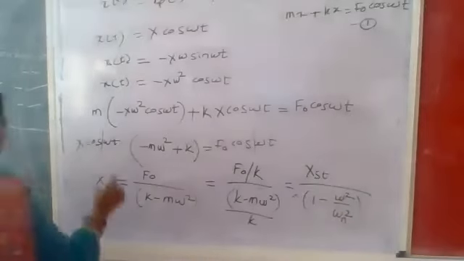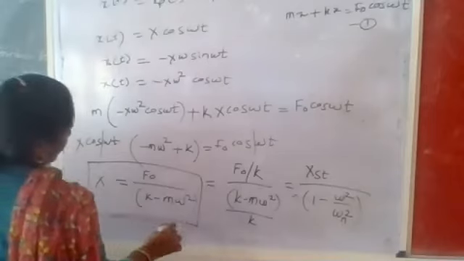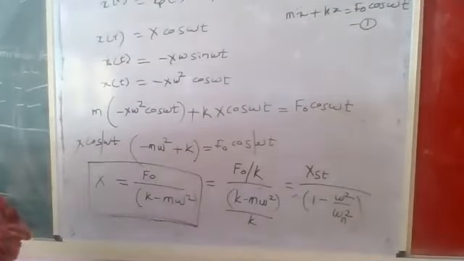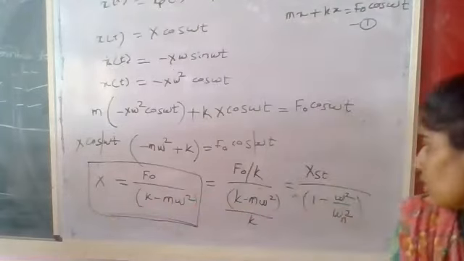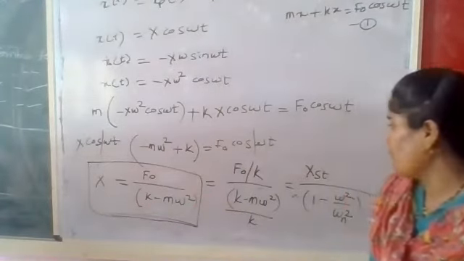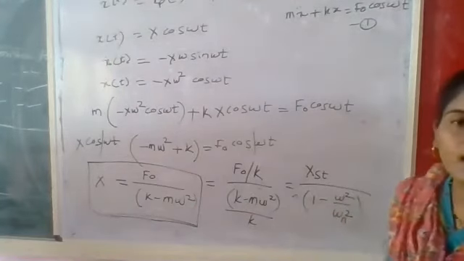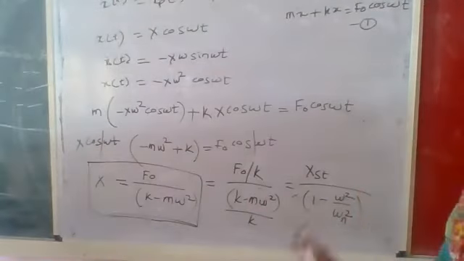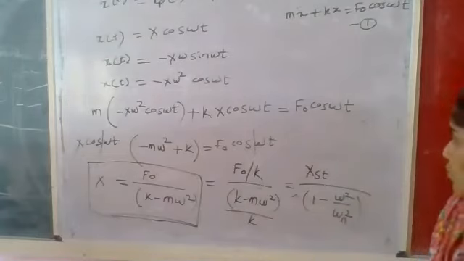All of you write this formula on the top of your notebook for solving the problems in this chapter. Write on the top: x is equal to F naught upon 1 minus m omega square, and also x static divided by 1 minus omega square upon omega n square. I hope all of you finished this. We go for the next point.